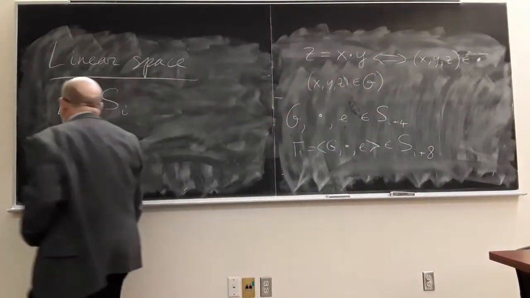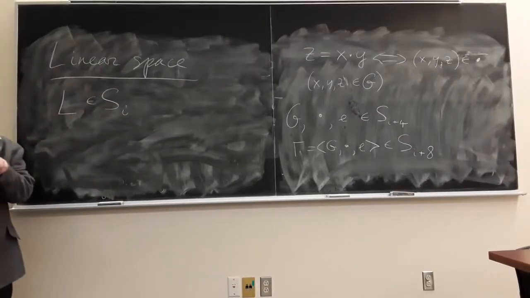Now we have two operations. We have one operation, addition of vectors. So we have two vectors, and after addition they are transformed into the third vector.